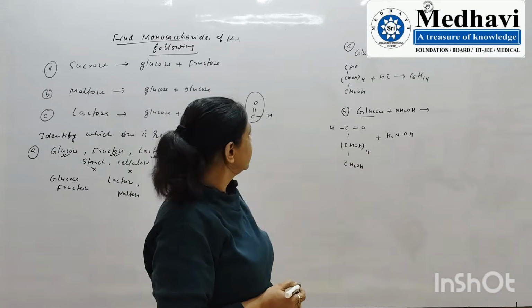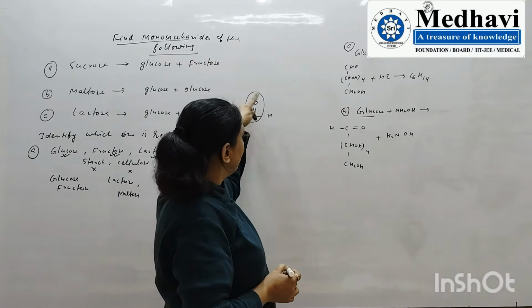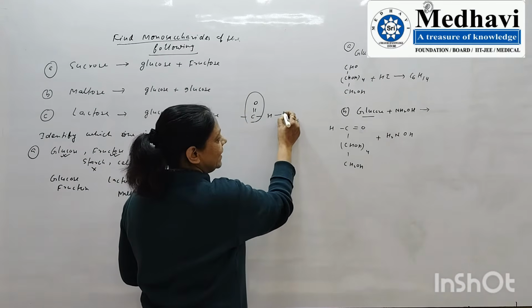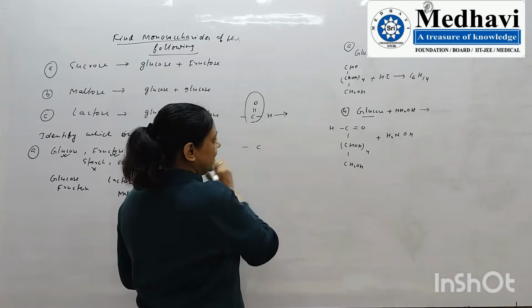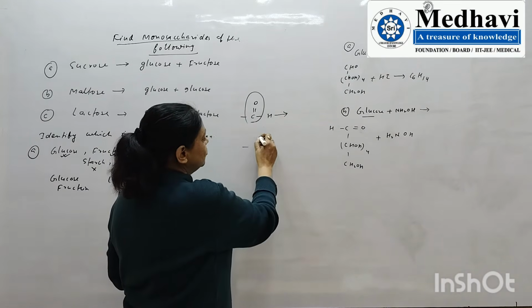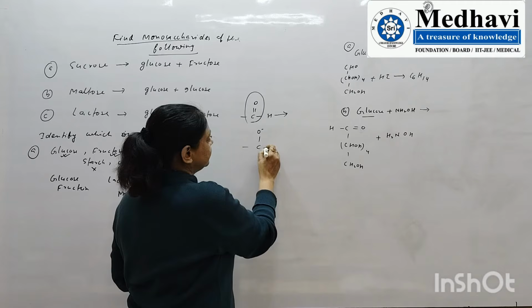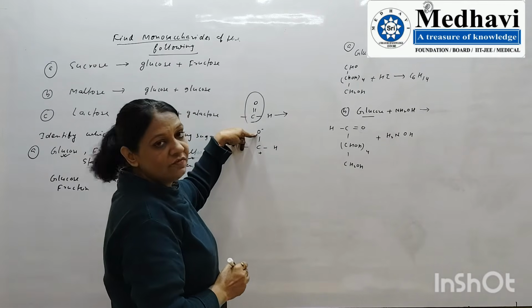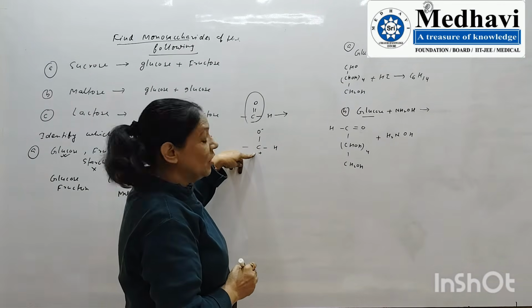When we react with hydroxylamine, it is this part, because when I explain organic chemistry I will explain that this is a polar bond. So the bond will shift like this. Here oxygen will have a negative charge and carbon has a positive charge.